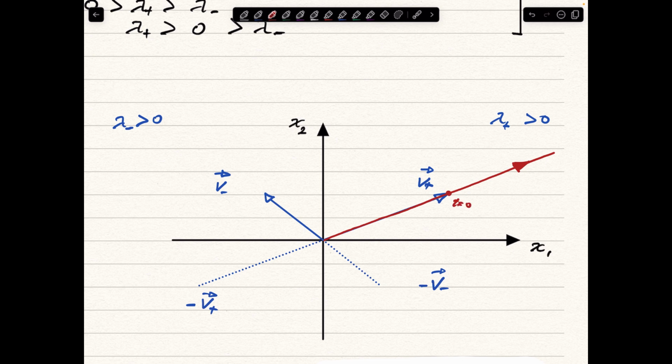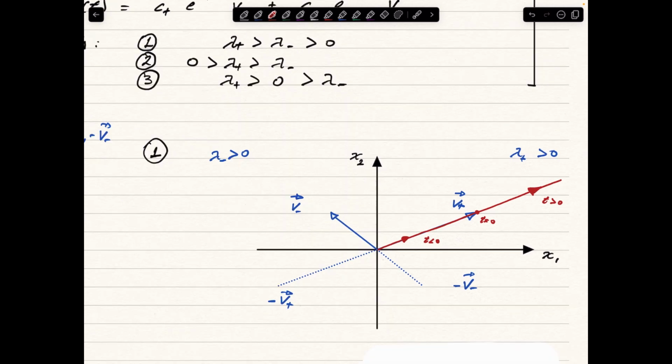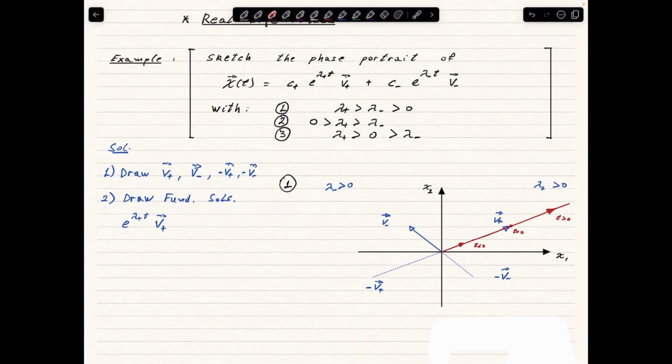This is going to be t bigger than 0, and down here, if the solution is over here, for example, this is going to be t negative. So this is the first fundamental solution. Let's call it x plus of t. That's it. It's a straight line. Super simple.